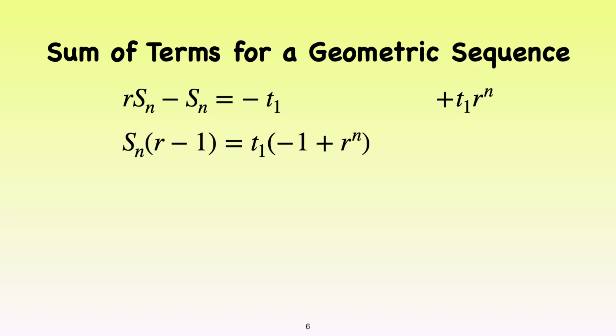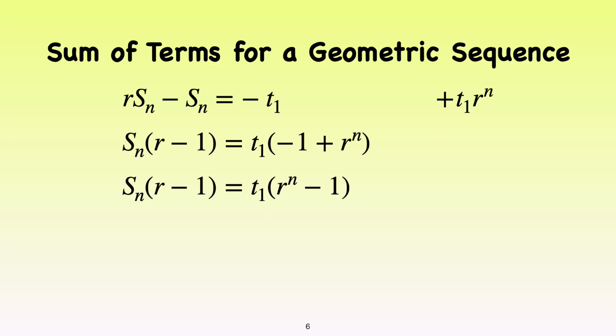So here's the simplified form of the upper equation. Now, I'm going to reverse the terms of the sum that's in the parentheses on the right-hand side of the equation. So negative 1 plus r raised to the nth power became r raised to the nth power minus 1.